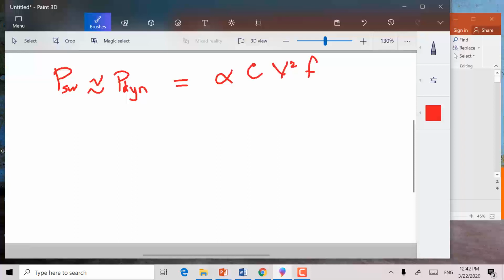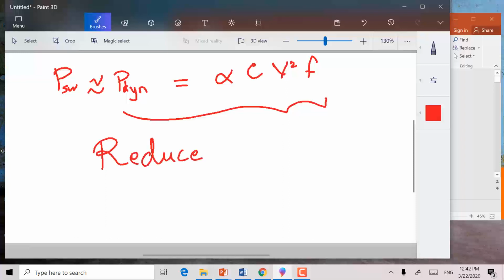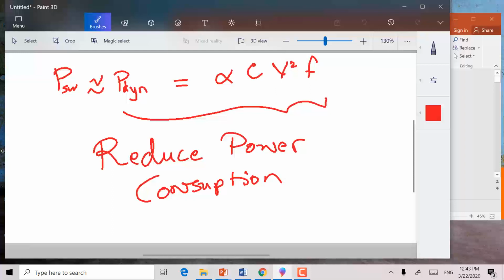And today we are going to discuss how to lower or reduce power consumption. This is a really big topic.